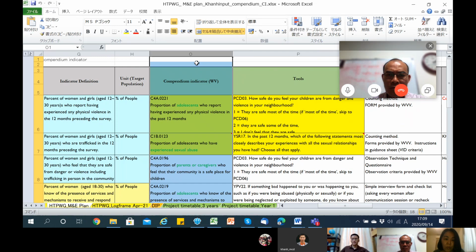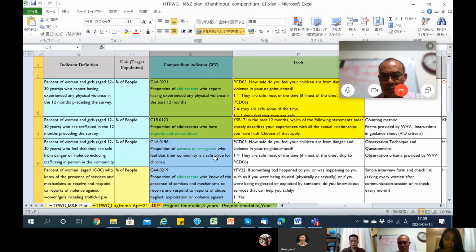This is a global level, common indicator that we are all assigned to use for our project, assigned by the Global Center. If we adapt these indicators, then we already have the tools to measure them. So you don't have to develop any tools for these indicators.